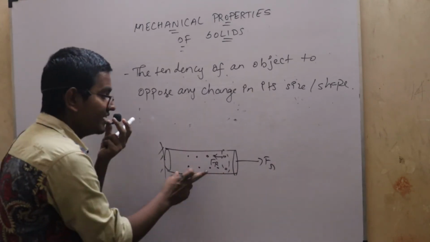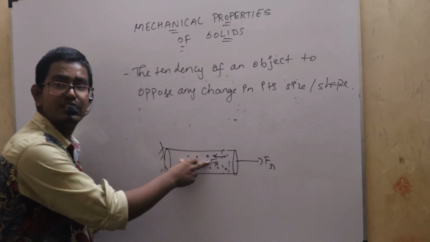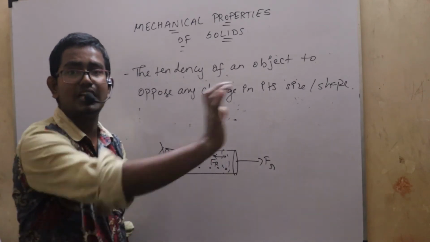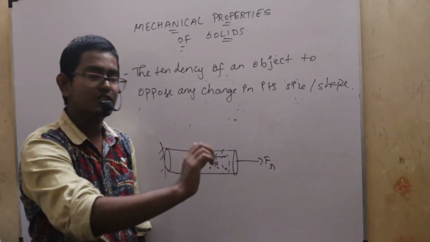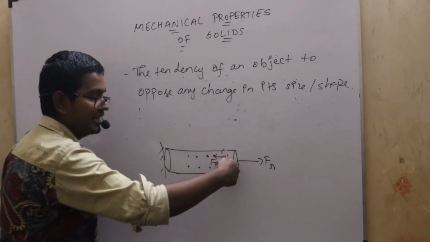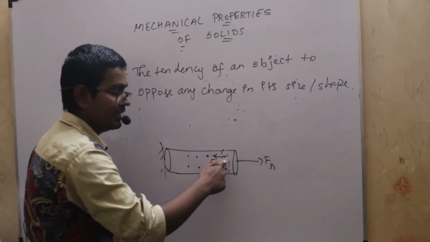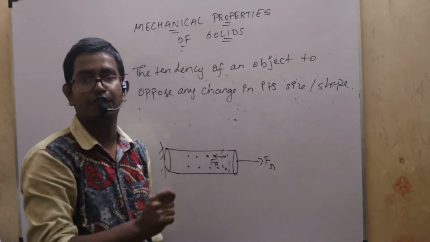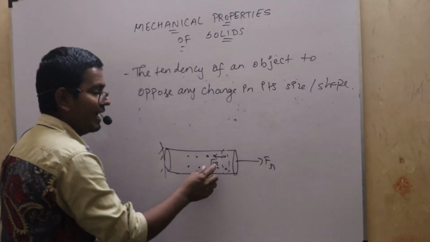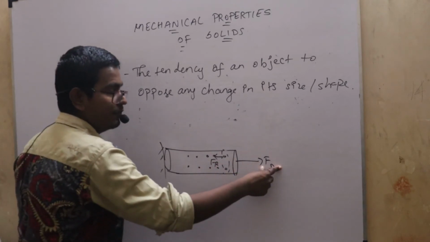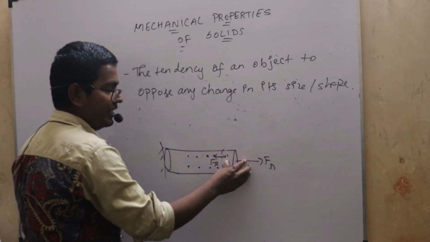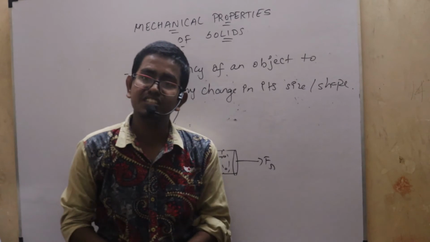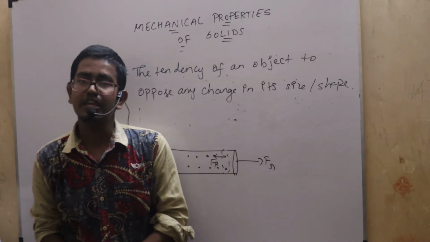Instead of that, it is opposing that force. You can see here, exactly by creating the same restoring force. As the restoring force and the deforming force are equal, the body will not change its size or shape.